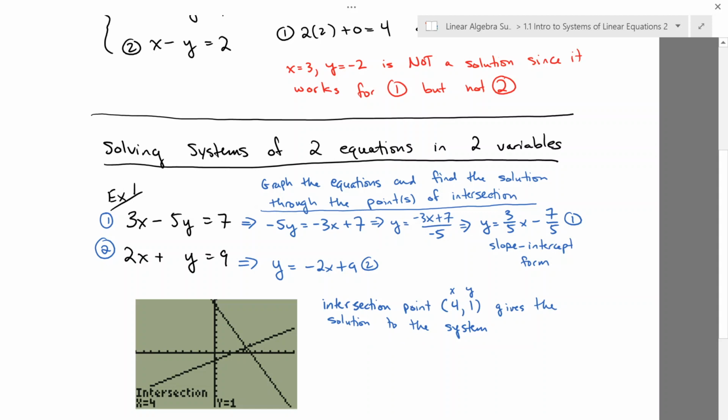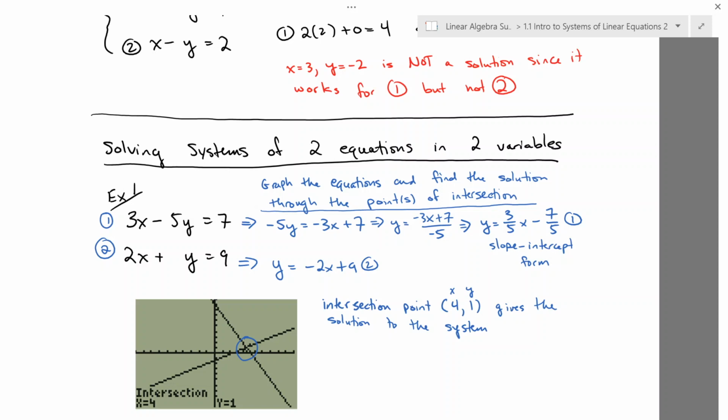Okay, so again, it occurs here. Okay, so that's how we can use the graph of these linear equations to find the solution.